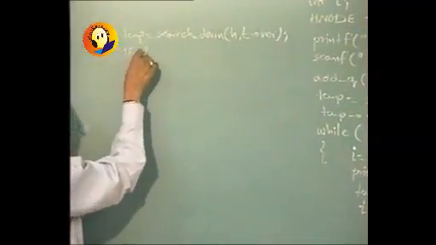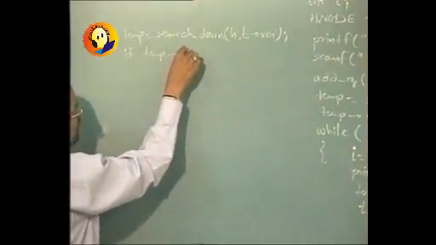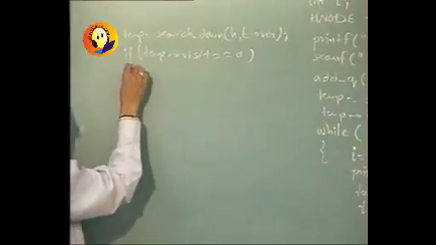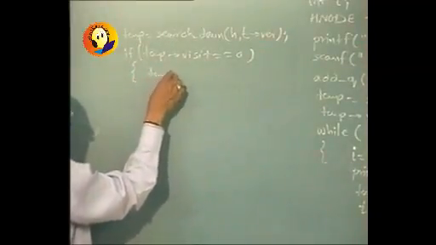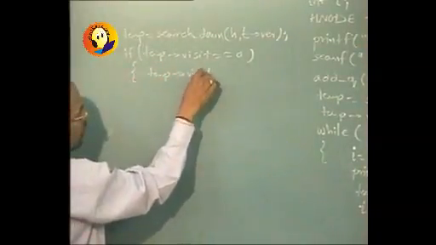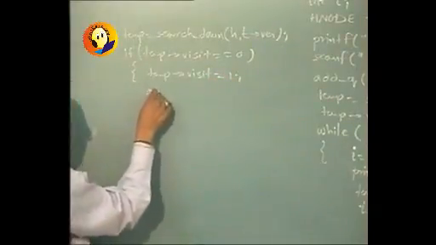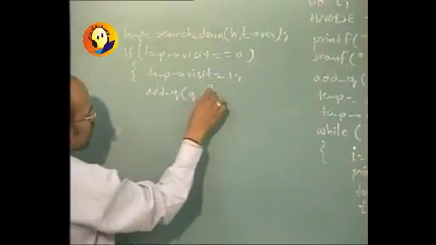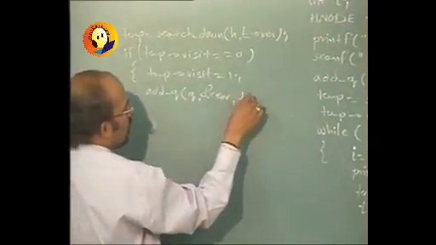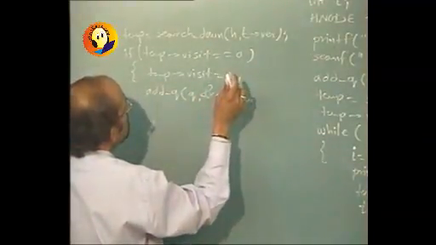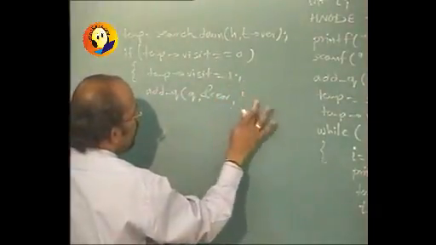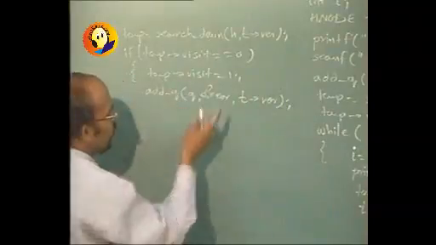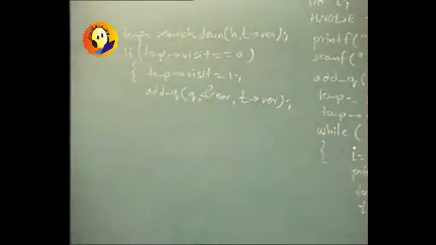If temp arrow visit is equal to 0, then first of all set it as 1 and add that vertex, which one? T arrow here. Of course it is the same as temp arrow here also. Add that vertex to the queue.